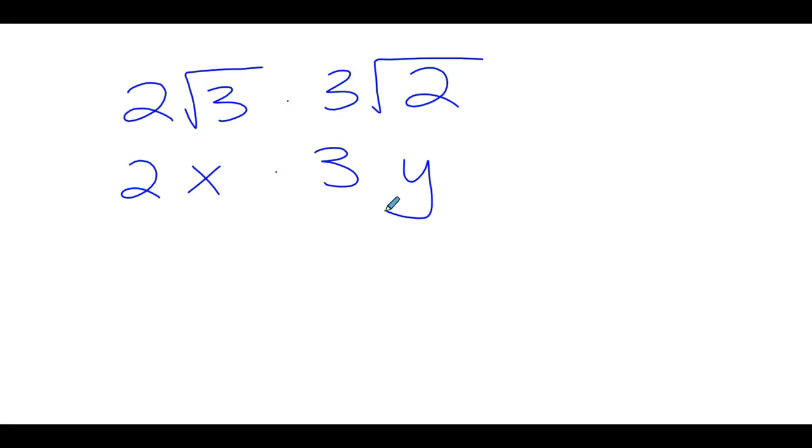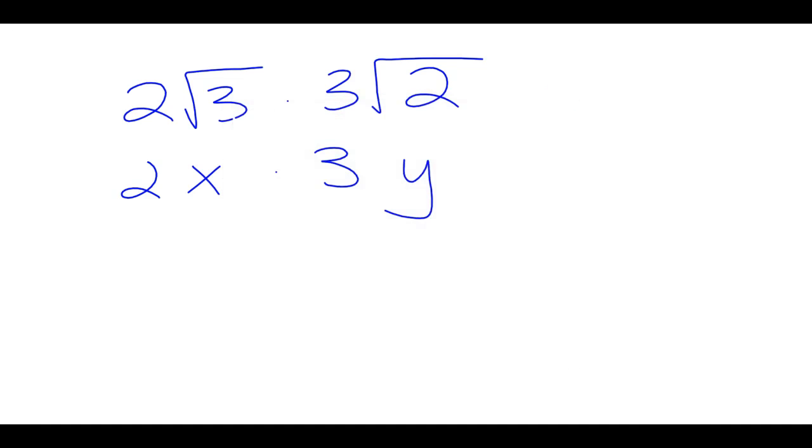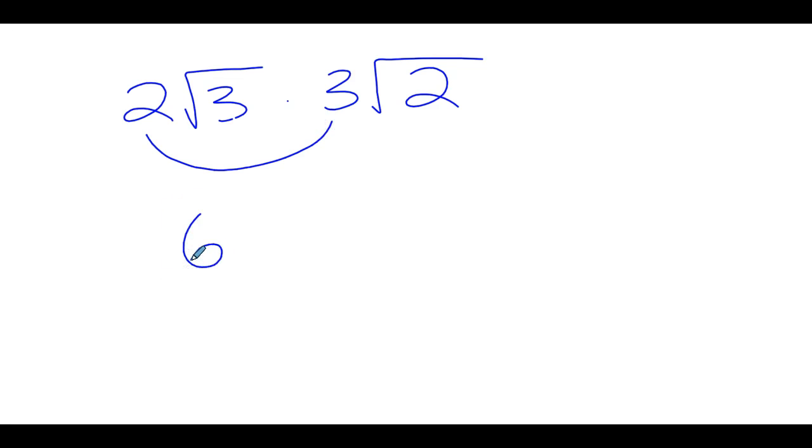So in this case, we multiply the 2 times the 3 in front, that gives us 6. And then we multiply the radicands, so that gives us 6. So our answer there would be 6 square root of 6.